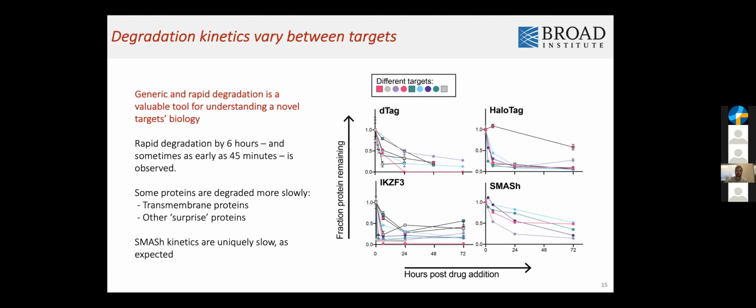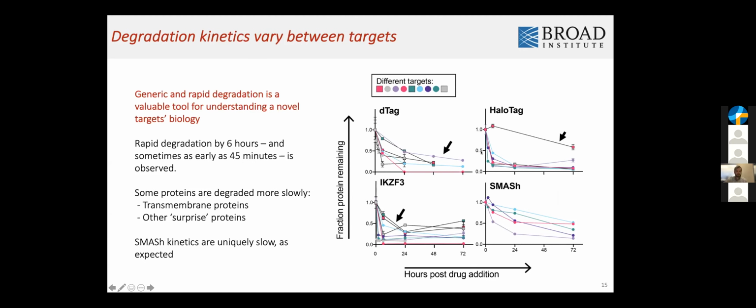This was not a surprise: we could see rapid degradation within 6 hours, and in some cases where we evaluated it, almost complete degradation at 45 minutes. But there were still some surprises where, again, these tricky transmembrane proteins, this is a transmembrane protein here, were very slowly degraded, and you had to look 72 hours or longer in order to actually observe full degradation.